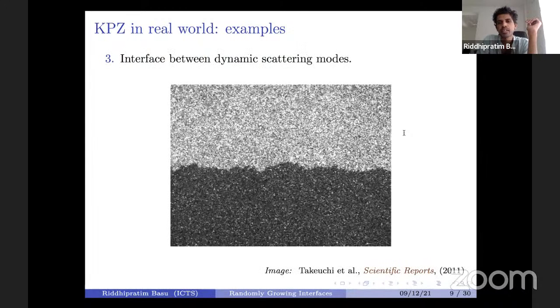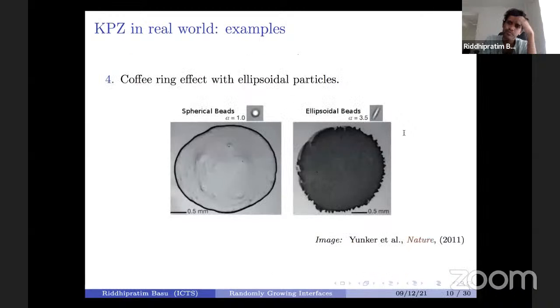This is a picture of the interface between dynamic scattering modes, something in, I guess, crystallography. There are two different types of scattering modes, and the interface between them also seems to satisfy similar things.